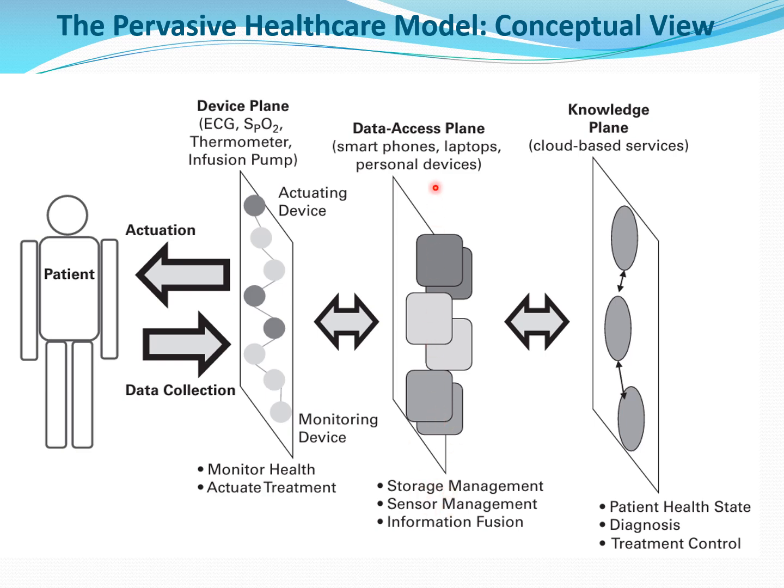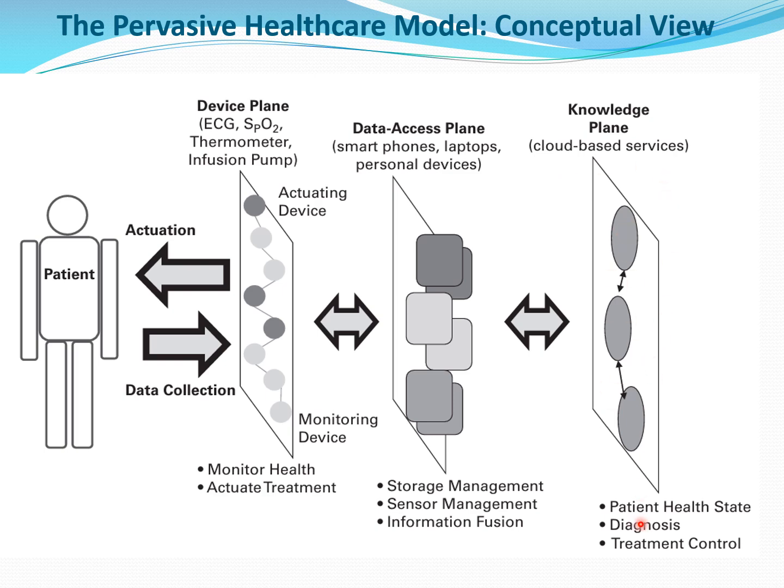Now from the data access plane, the data is communicated to the doctor or the caregiver. This plane is going to be called the knowledge plane, where you can have cloud-based services.